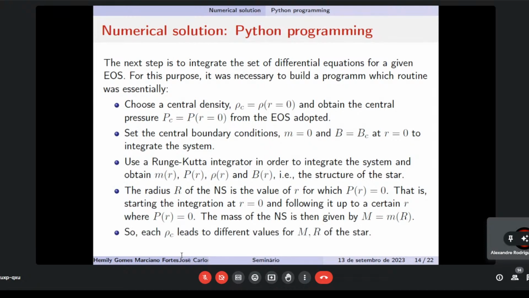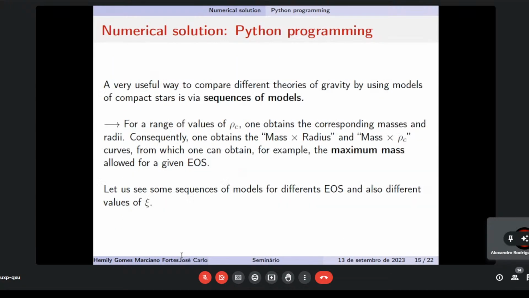So which rho_c are we choosing? We can choose a lot of values for the central density. Each central density leads to different values for M and R of the star, the mass and the radius of the star.